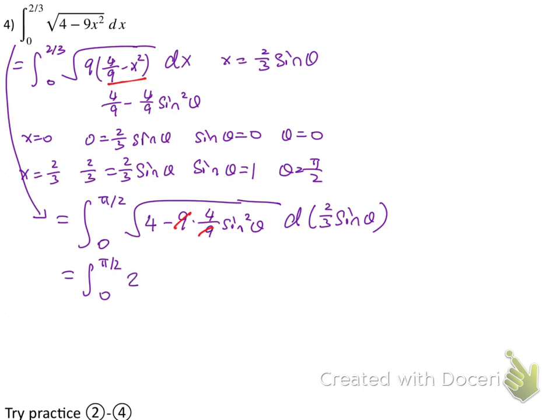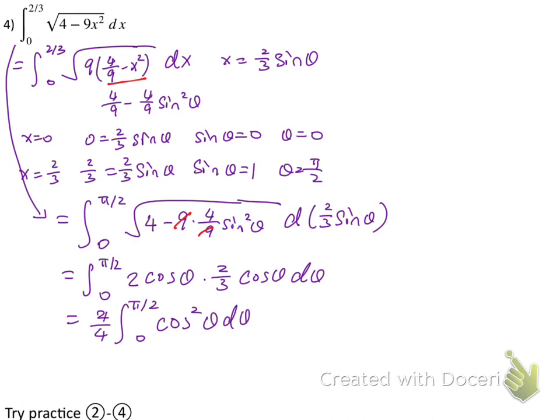Then 1 minus sine squared gives you cosine theta, times the coefficient pulled out, 2/3. Derivative of sine is cosine, then d theta. So again, we end up with even power cosine squared theta d theta. And this is 4 over 3, from 0 to pi over 2, 1 plus cosine 2 theta over 2 d theta.